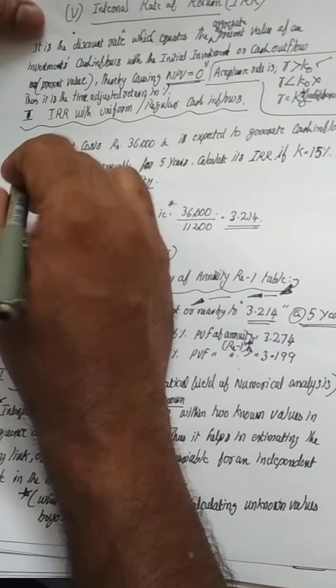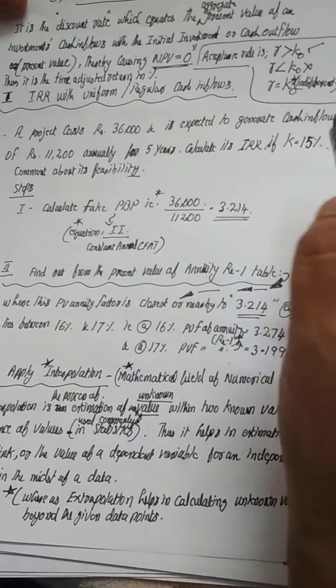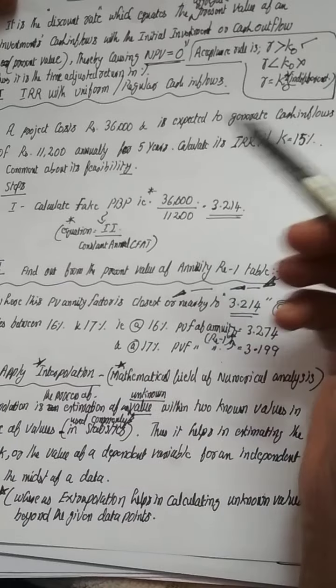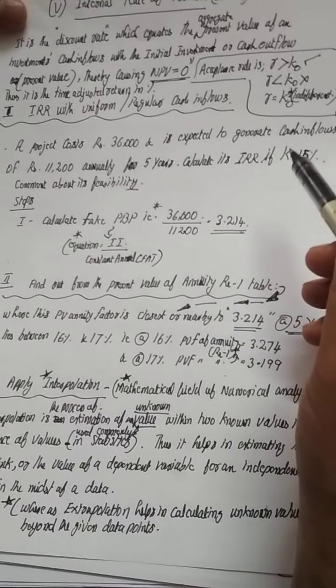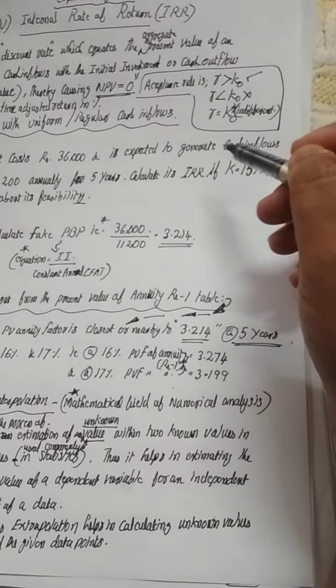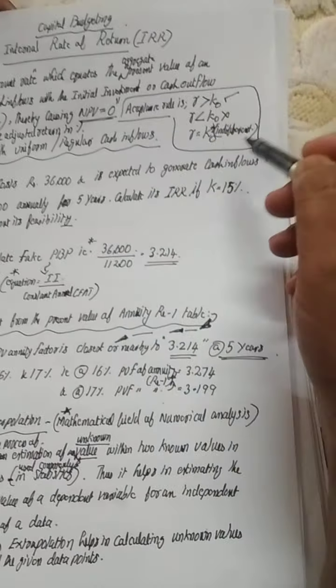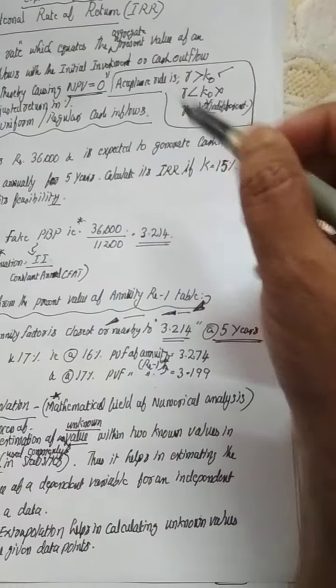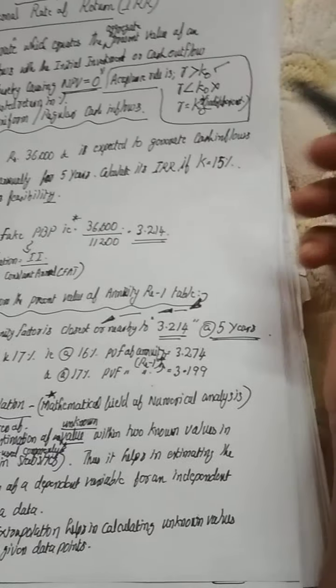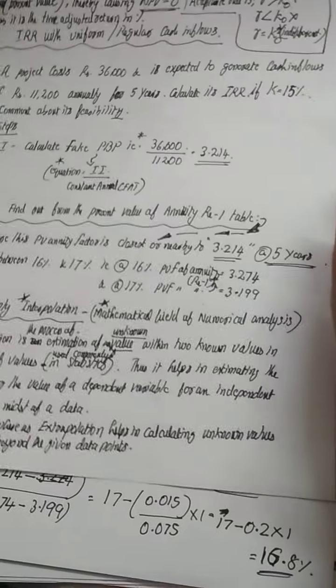That is the peculiarity of this problem. The overall cost of capital, the discounting rate will not be given. And here we have to find out IRR, internal rate of return. Internal rate of return is found out using various steps.